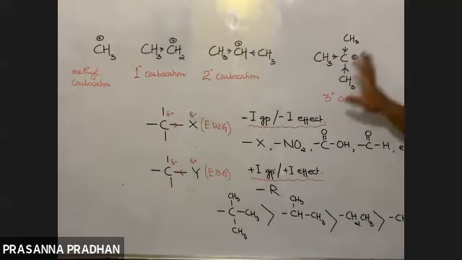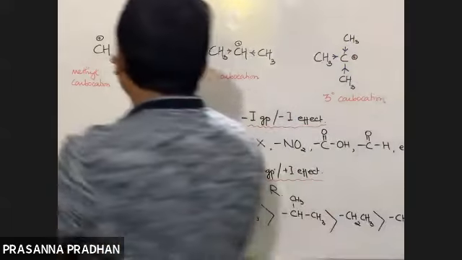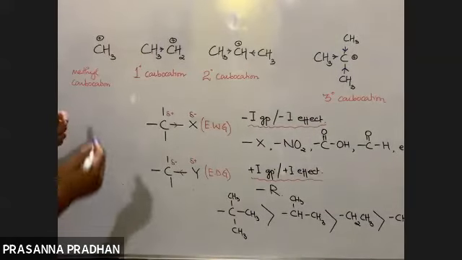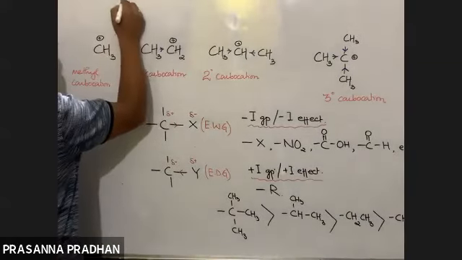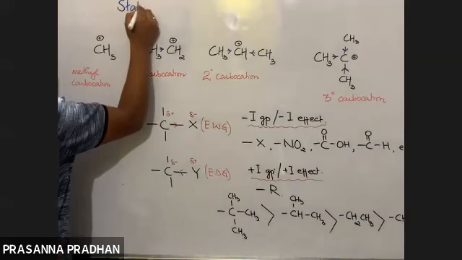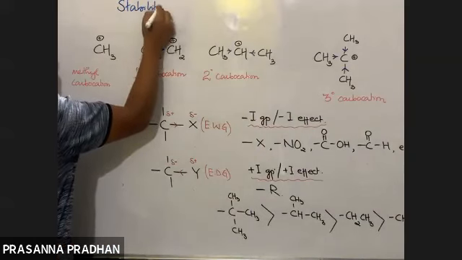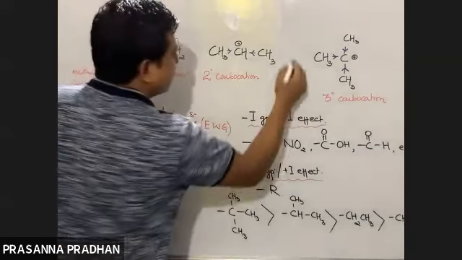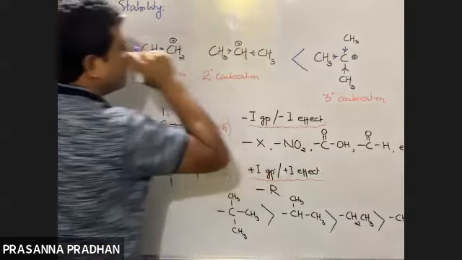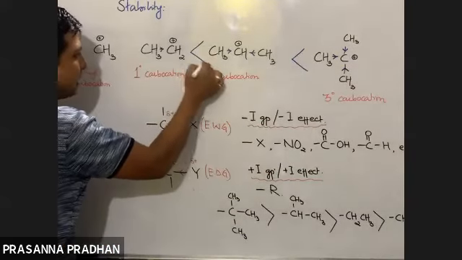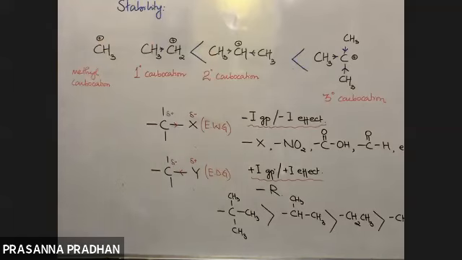So on the basis of plus I effect, what is the order of stability of carbocation? Yes, the order of stability of carbocation is 3 degree greater than 2 degree greater than 1 degree. Got it? So this is the concept of stability of carbocation.